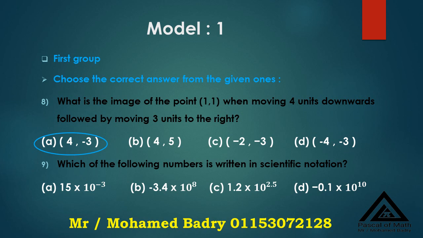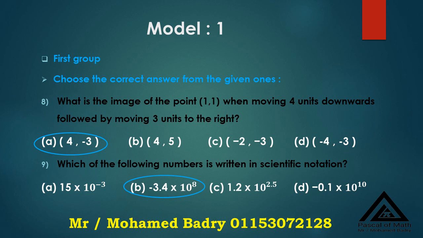For the same reason, we will cancel answer D because absolute value of negative 0.1 is smaller than 1. Now the correct answer is what?